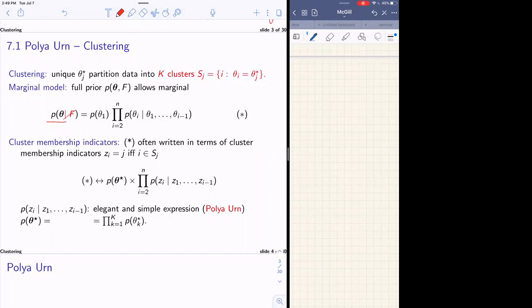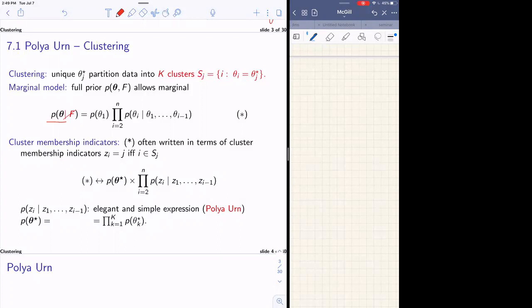It's infinite dimensional, whereas the theta is only of size n, because there is one latent theta i for each observation, right? So the theta is finite, so I can represent it in my computer. The F is infinite dimensional. I cannot represent it in my computer. So it's important that we can talk about this in closed form.